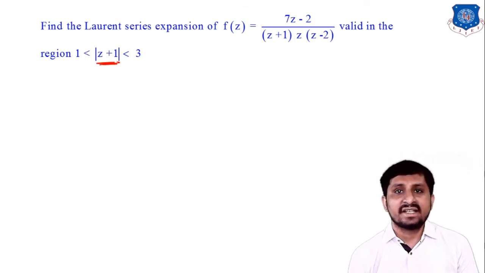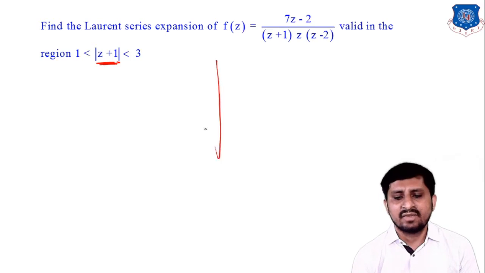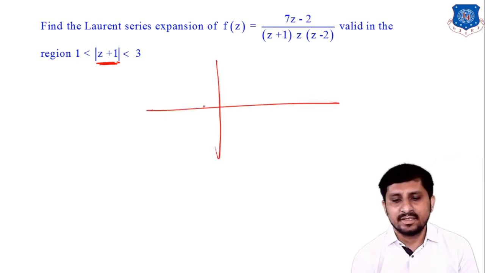That means the center point is minus 1. Clearly the given function is not analytic at the points minus 1, 0 and 2.